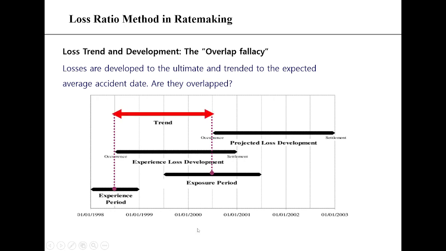So when we trend the experience losses up to the exposure period midpoint, we trend up to there. And all the claims that occurred, let's say at the mid average accident date in 1998, had their own development period.